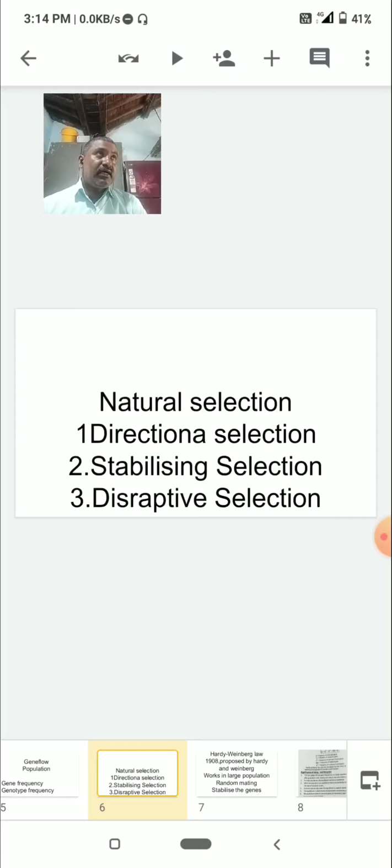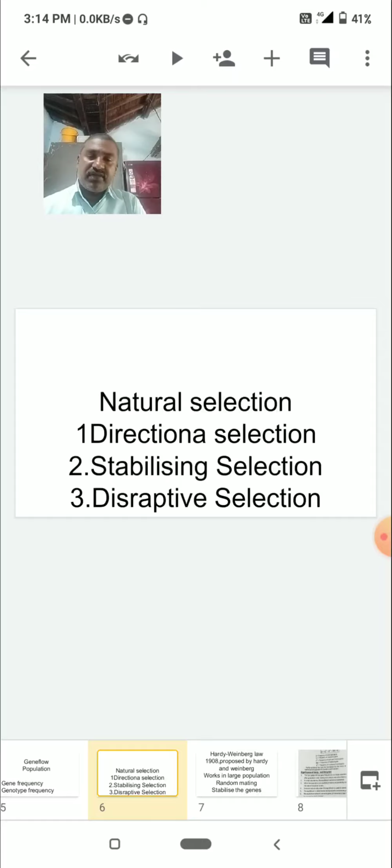So in the Dorset region, more non-melanic forms were captured, and in Birmingham, more melanic forms were captured. So here the two sites are different, but in one site one character is selected, in another site another character is selected. So this is about directional selection and stabilizing selection.